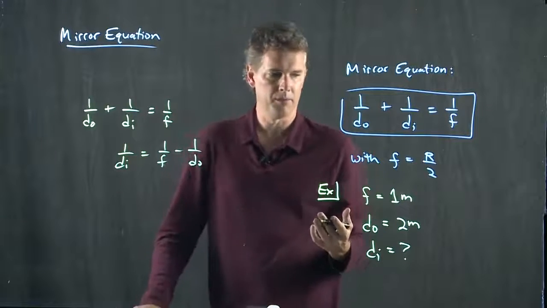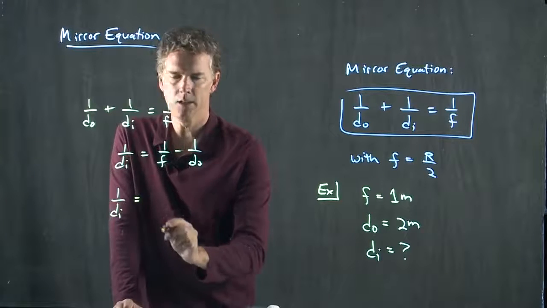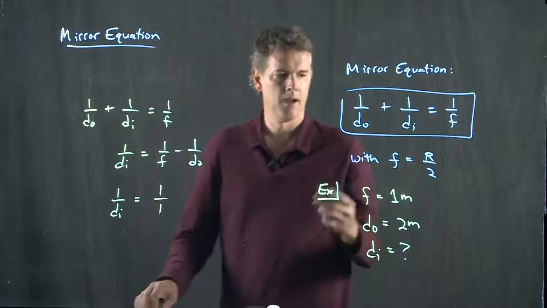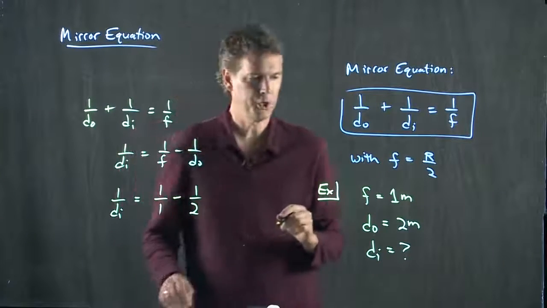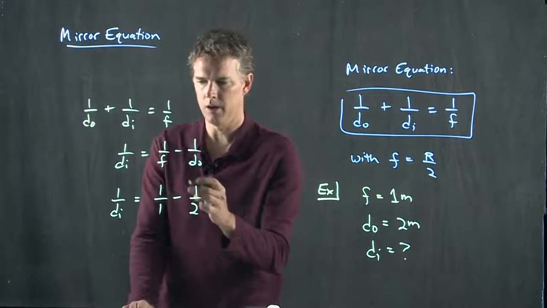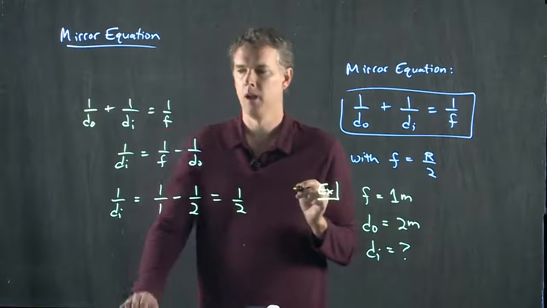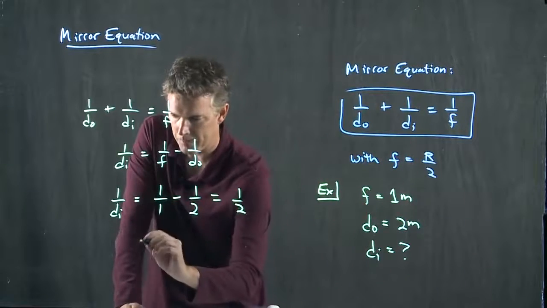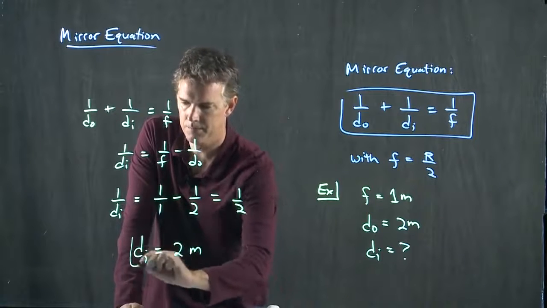And now I know all those numbers, so we can just plug them in. 1 over di equals 1 over f, which is 1 over 1, minus 1 over dO, which is 1 over 2. All right, 1 minus a half is a half. So 1 over di is equal to a half, and if I flip it back over, I get di is equal to 2.